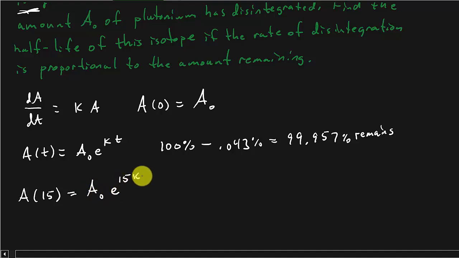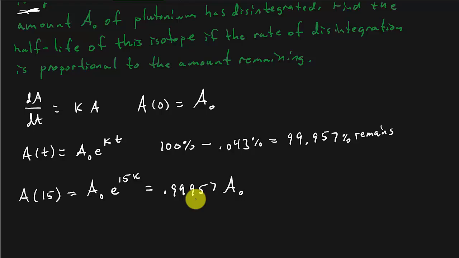I'm plugging 15 in for t. How much do we have? Well, that's going to equal 0.99957 times A0. This is how much is remaining. We're not going to set it equal to how much disintegrated. We're going to set it equal to how much is remaining.